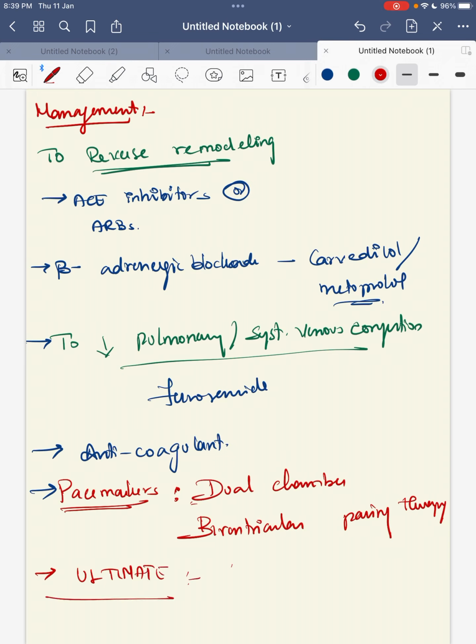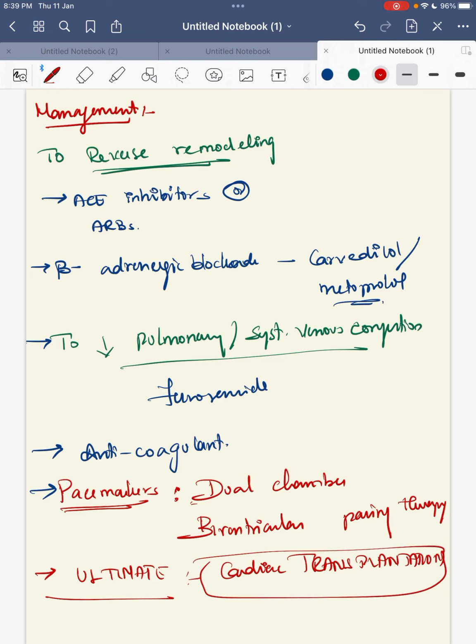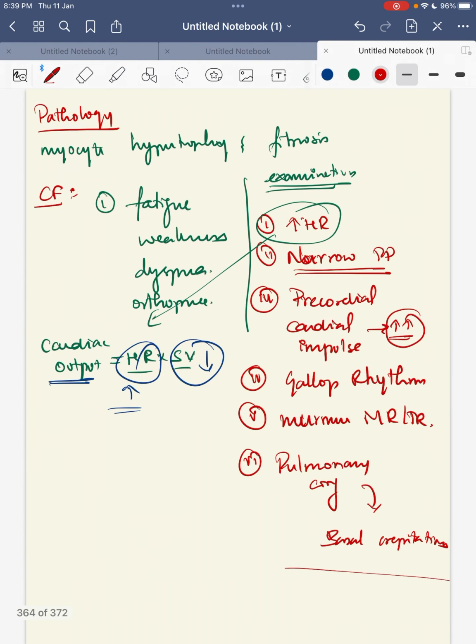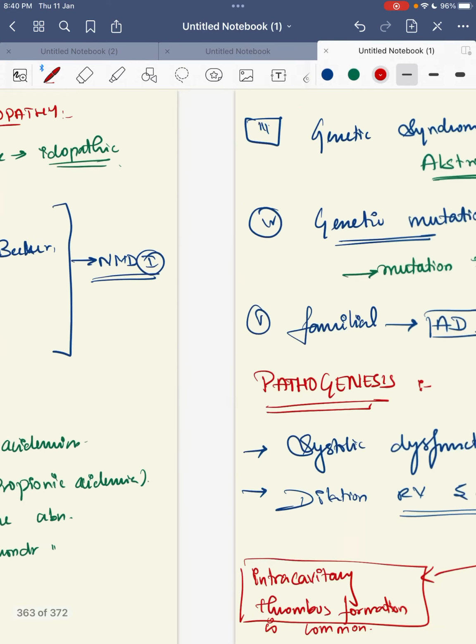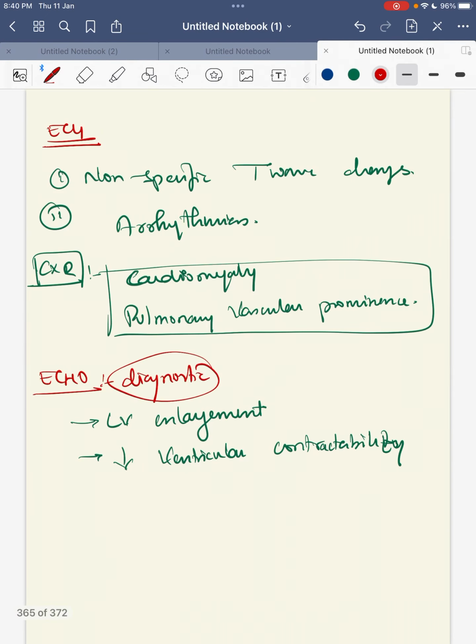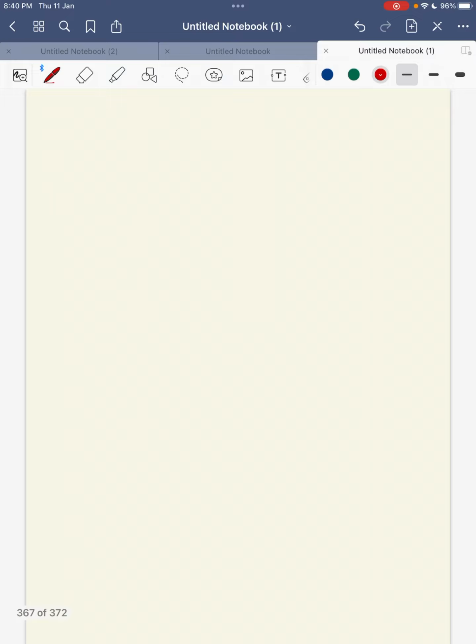So ultimate therapy is cardiac transplantation. Okay. So these are the points you have to remember when they ask about dilated cardiomyopathy. If you remember these points while you are writing your theory exam, it is more than enough. Okay. So this is about dilated cardiomyopathy. I'll share the written PDF of this in our Telegram group.